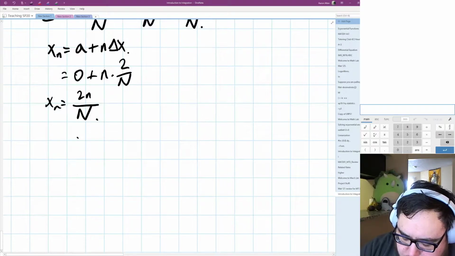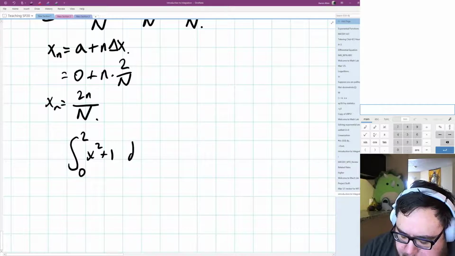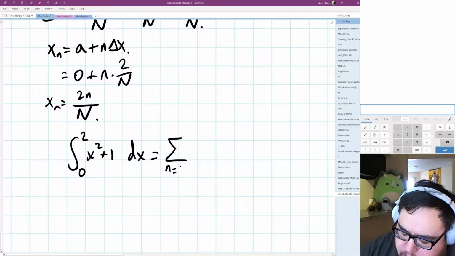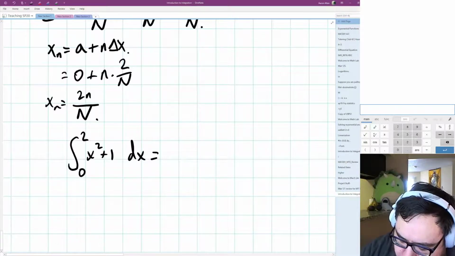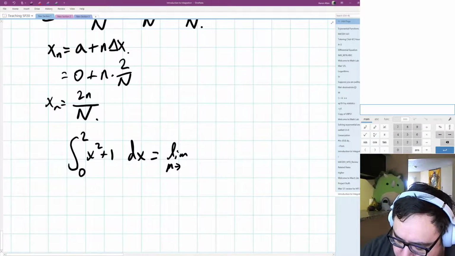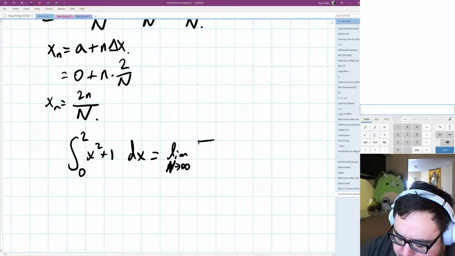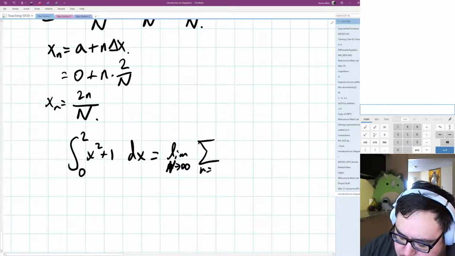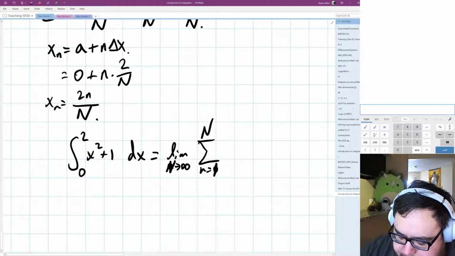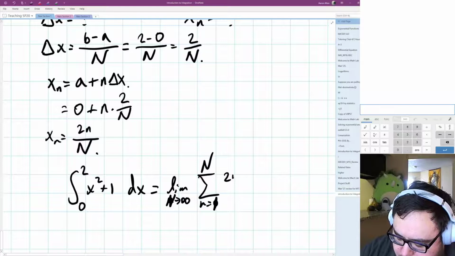So our integral from 0 to 2 of x squared plus 1 dx is actually equal to the limit as big N goes to infinity of the sum from n equals 1 to big N of 2n over big N, quantity squared, plus 1.